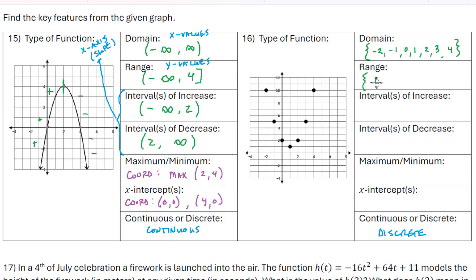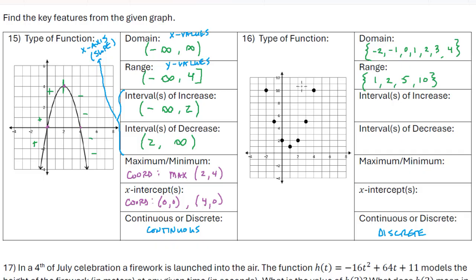So 1, 2, 5, and 10. Again, only these numbers are part of the domain. Only these numbers are x values that describe the points. And only these numbers are the values of y that are on this graph. Again, 1, 2, 5, and 10.